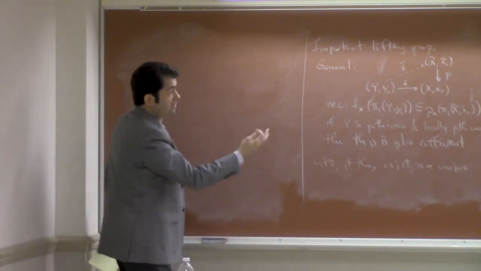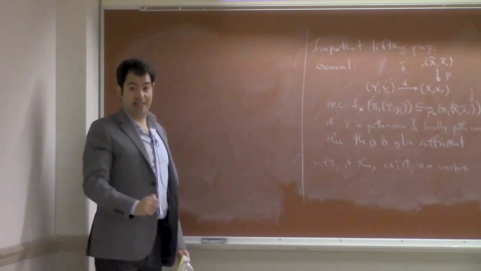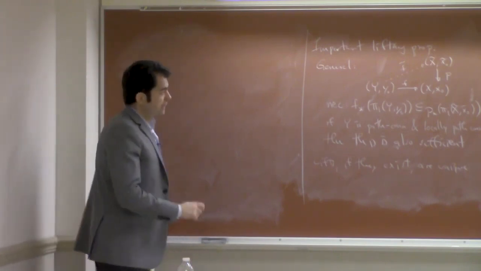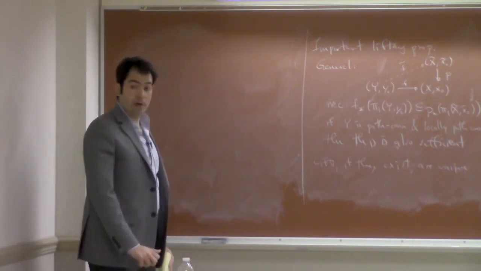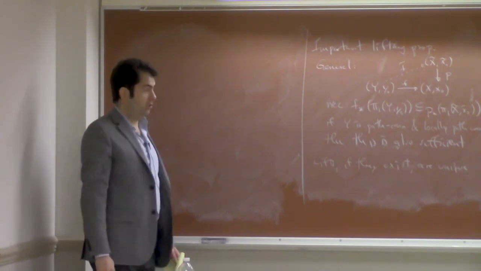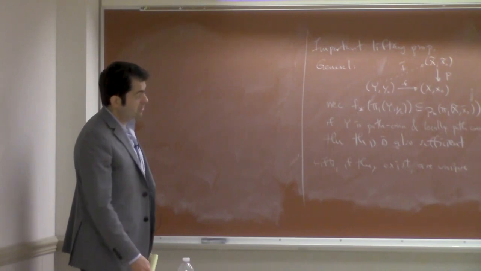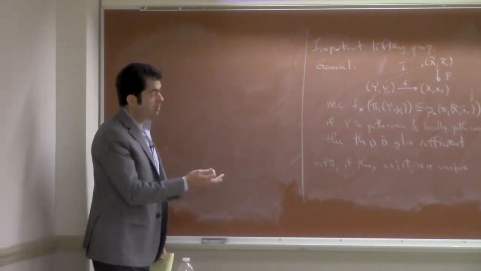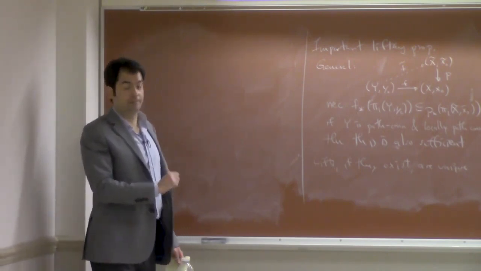As I said, this is only going to be true for suitable X. So let's think about the case H equal to 1 to figure out what a suitable X should be. What can you say about X if you know that there is a cover that is simply connected?